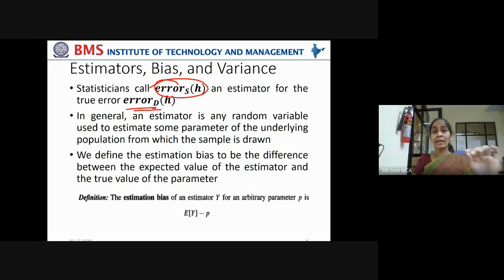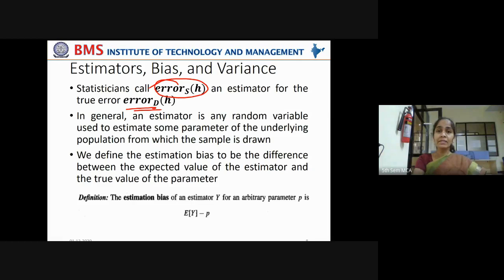It is an error estimator. You are just guessing what would be the error made by a model on the sample. You are just estimating that measure, that quantity, that number. That is called the sample error.